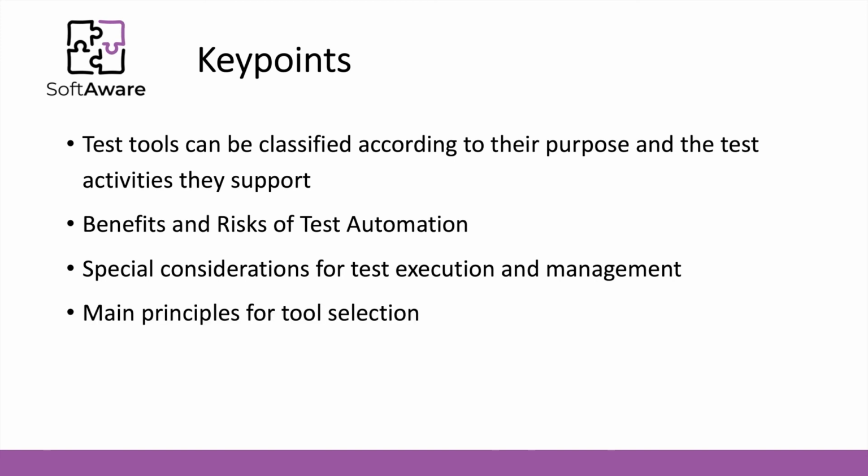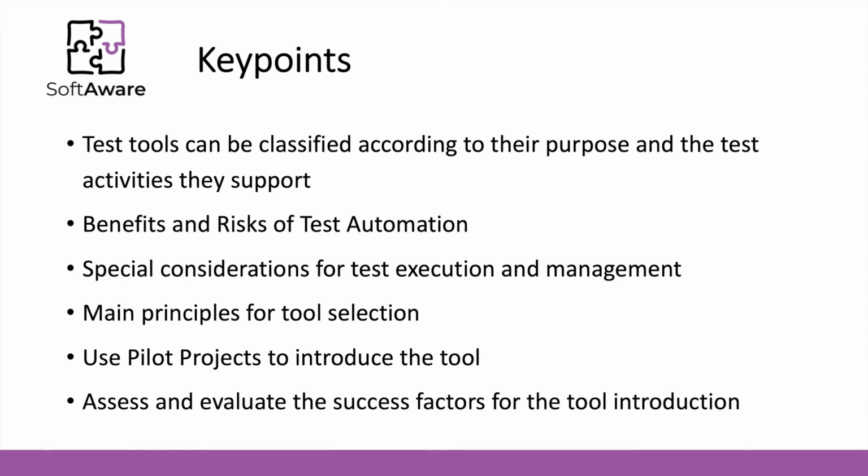Main principles for tool selection should be identified as well as recalled the objectives for using pilot projects to introduce the tool. Finally, you should identify, assess, and evaluate all the success factors for the tool introduction. This allows us to have an ongoing support of the test tool introduction in an organization.